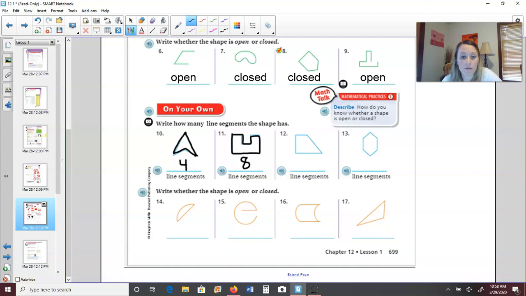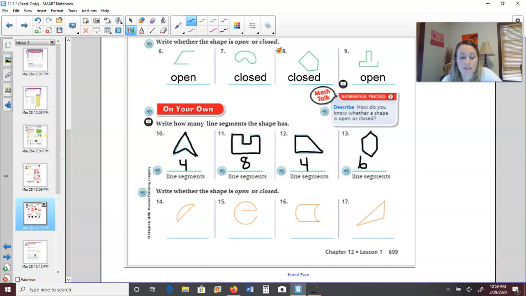On number 12, 1, 2, 3, 4. 4 line segments, 4 sides. And on number 13, 1, 2, 3, 4, 5, 6. The shape has 6 line segments.